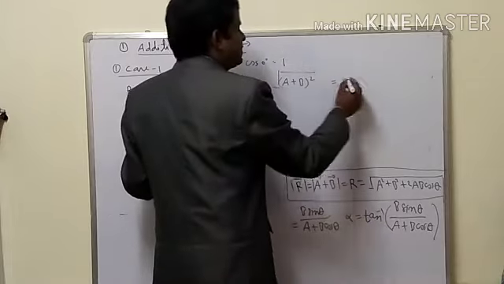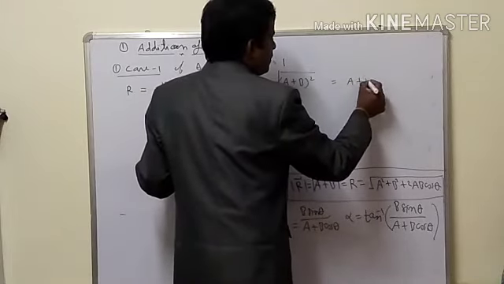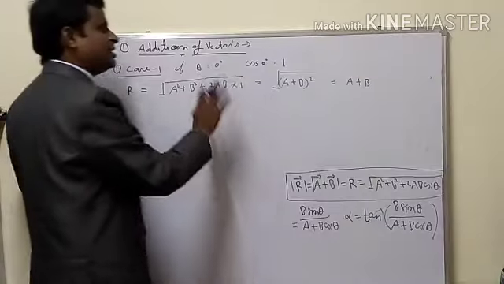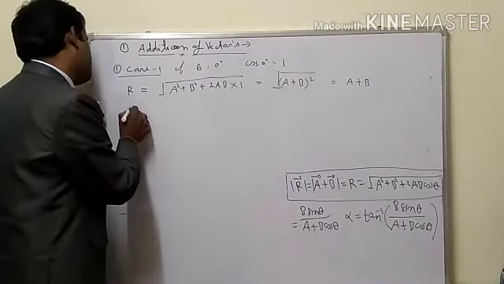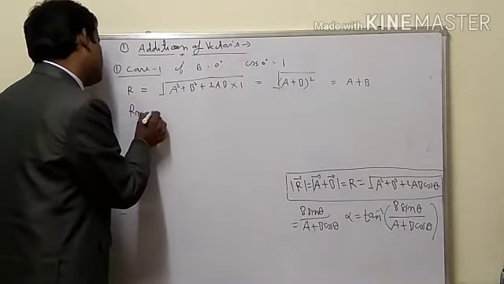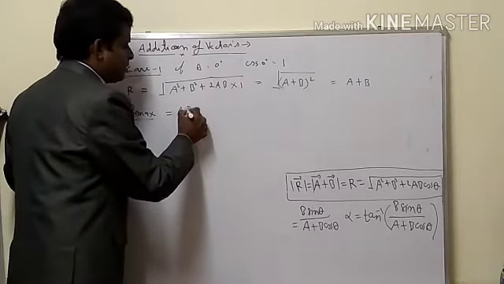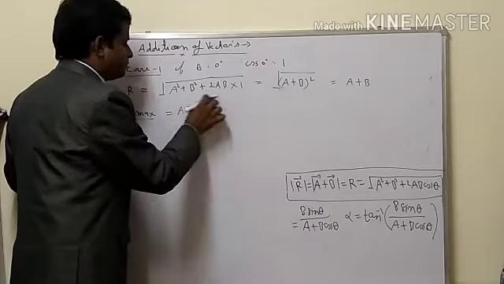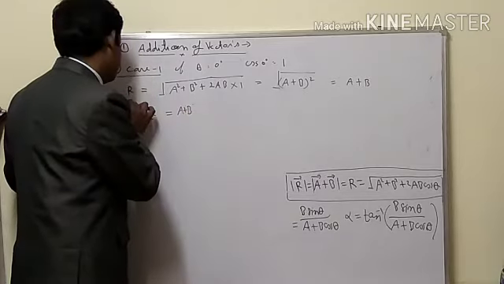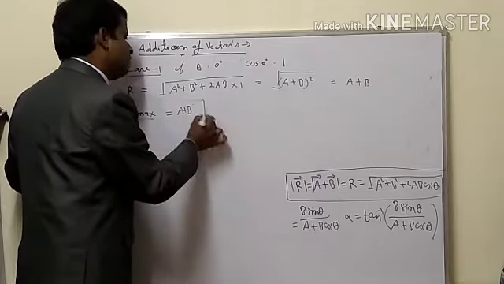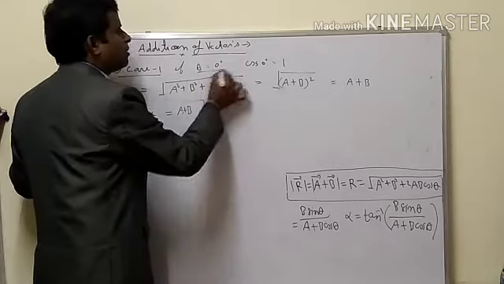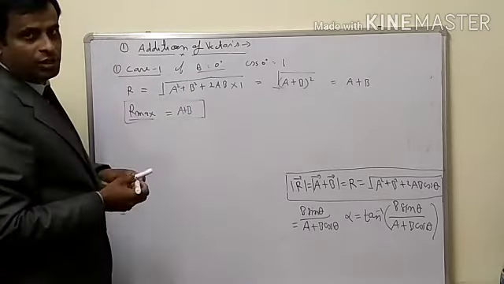So root will cancel, and it will become a plus b. So this a plus b will be the maximum value of the addition of two vectors a and b. R maximum will be when theta is 0 degree.